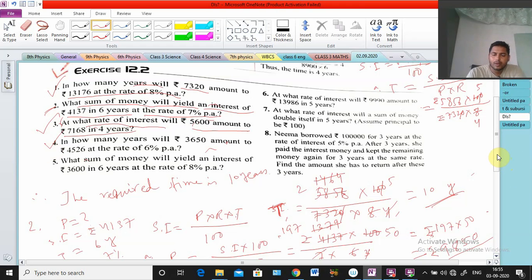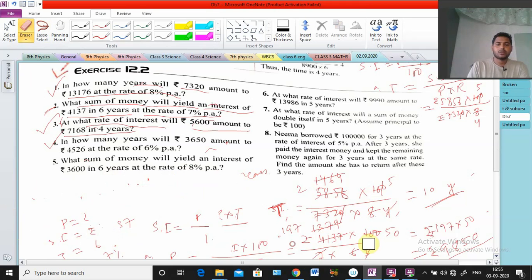I am writing, just erasing a little bit because of space problem. You can try also, no problem. Easy question. At first write the data whatever is given in the question.